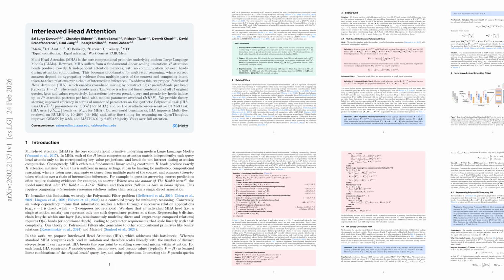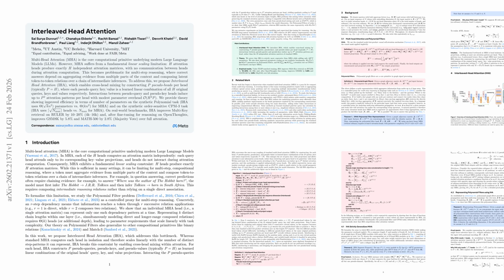Empirically, under FLOP-matched training of a 2B parameter decoder-only transformer, IHA improves RULER multi-key retrieval by 10 to 20% at 4K to 16K context lengths and raises overall RULER EM to 44% versus 40.6% for global plus local and 35% for global attention.